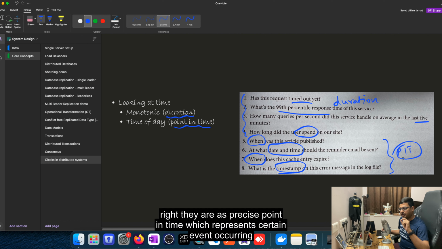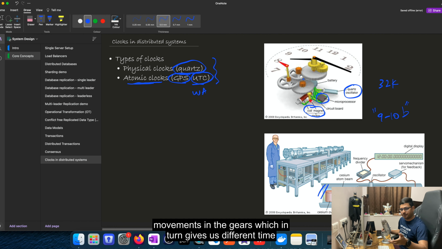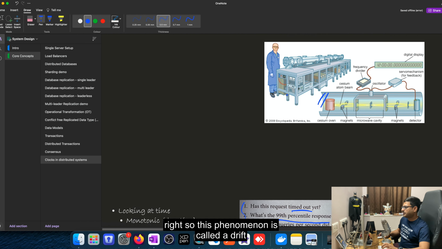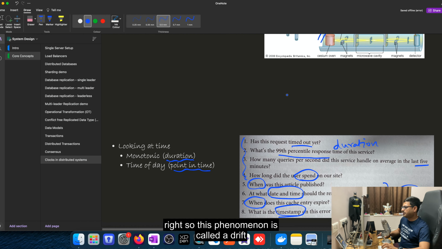So there can be many factors affecting this, and because of this, the oscillation can either slow down or speed up, which gives us different movements in the gears, which in turn gives us different time, right? So this phenomenon is called a clock drift, right?